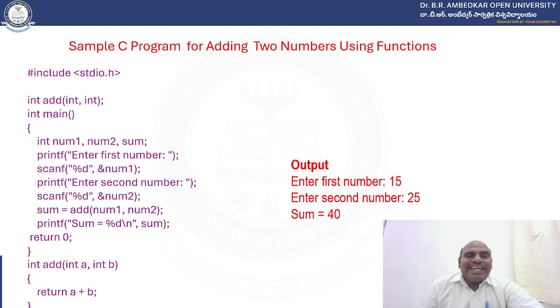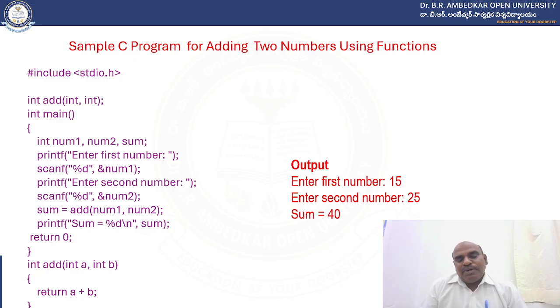This is called a declaration. How many parts are there here? Three parts. The first part is the return type, the second part is the function name, and the third part is the parameters. With the semicolon, this is called a function declaration.